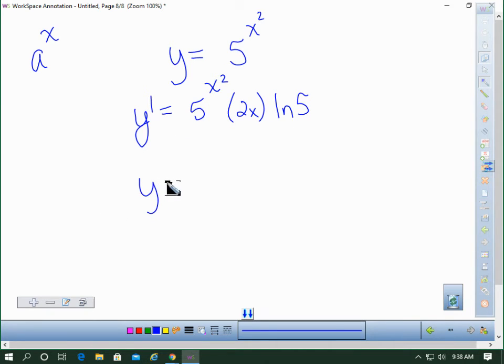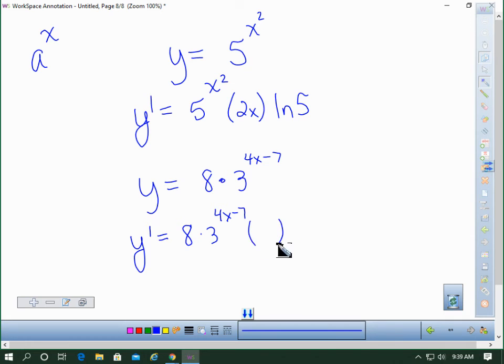If I had another one, let's say I had 8 times 3 to the 4x minus 7, my derivative would be, this is not a product because 8 is just a coefficient. So we would just copy what we see, 8, 3 to the 4x minus 7.